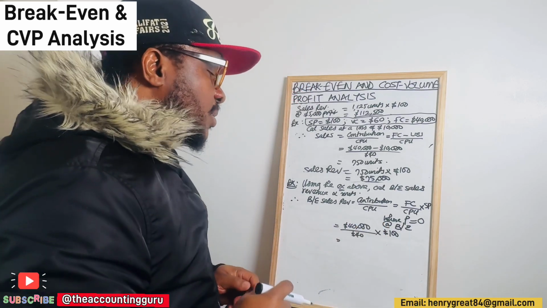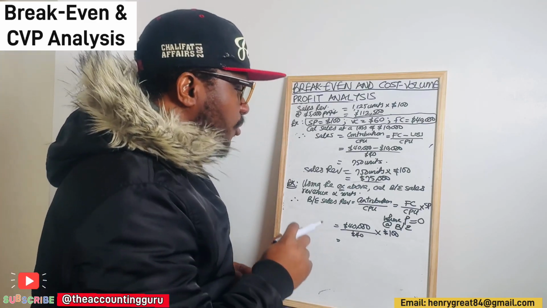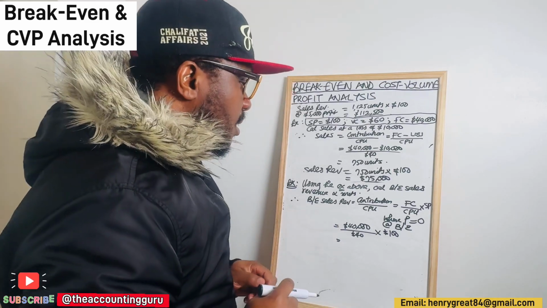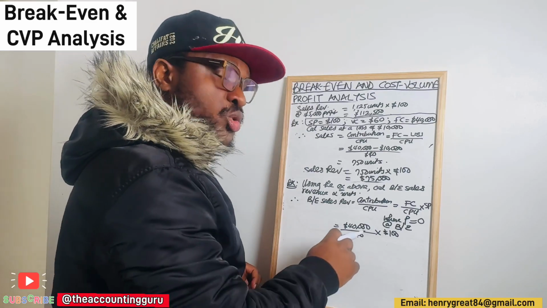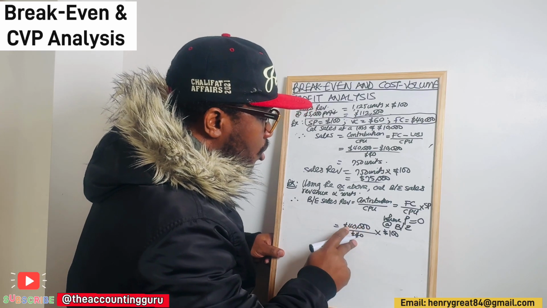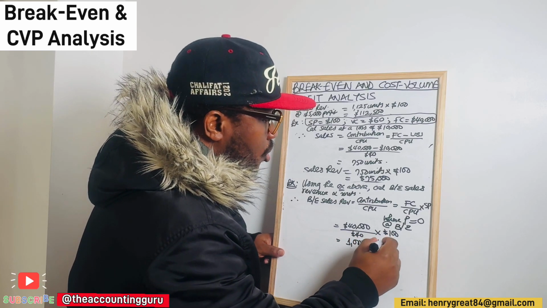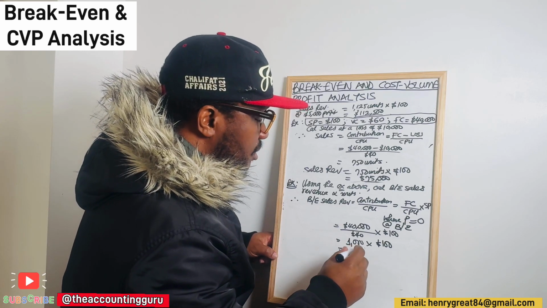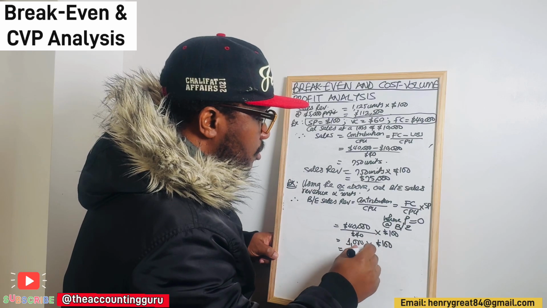So what will be the sales revenue? $40,000 divided by $40 gives me 1,000 units. 1,000 units times $100, the selling price. This time this will give me $100,000.